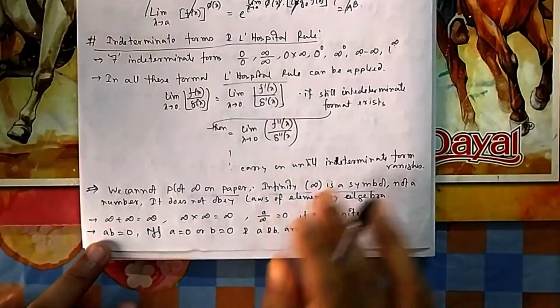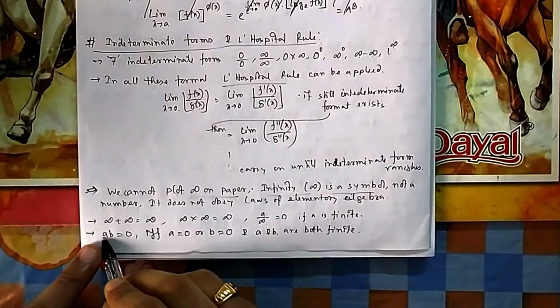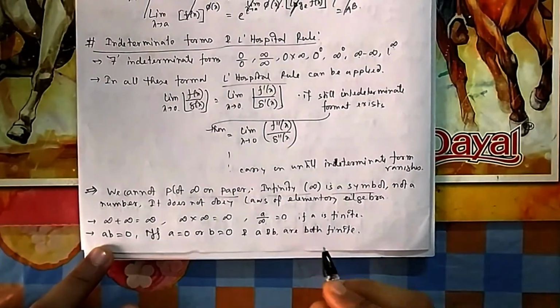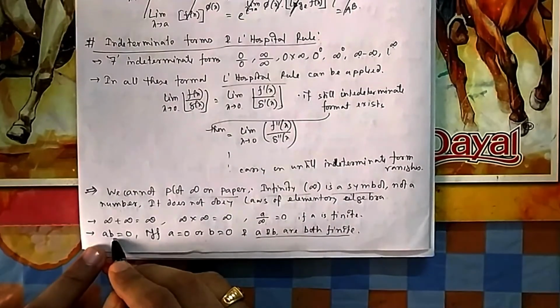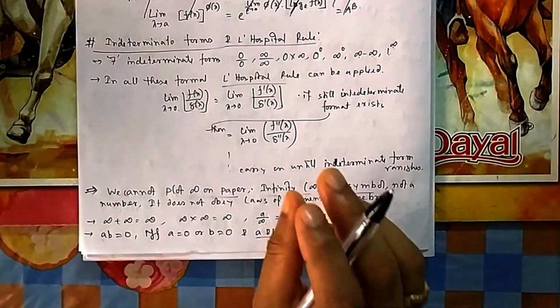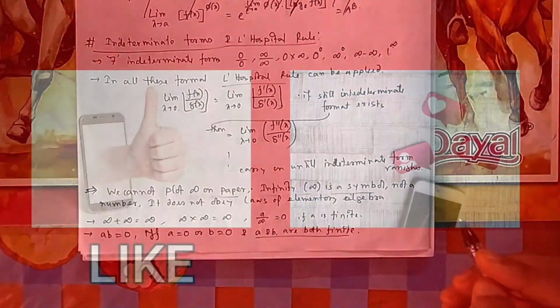If one is infinity, then it is not possible. You can see 0 into infinity is undefined, so if one becomes infinite, then it is not true. That's why it is written that A and B both should be finite. One can be 0, both can be 0, but both should be finite. 0 is a finite value. One cannot go to infinity by infinity.